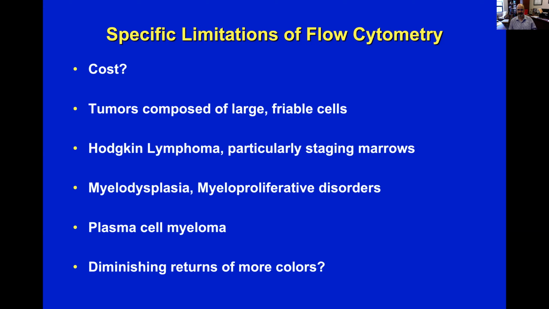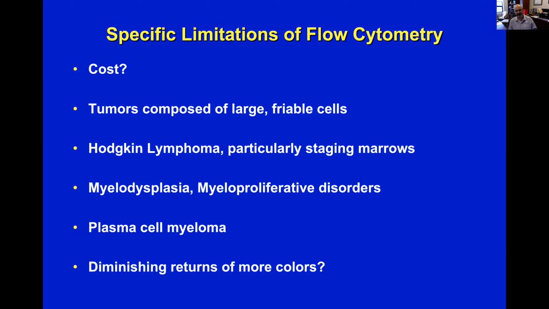These neoplasia may be missed by flow cytometry. Plasma cell myeloma, the main thing to remember there is it is good for the flow lab to know of your suspicion of plasma cell myeloma or a plasmacytic disorder in general, because then you can get a specific panel that includes intracellular light chain studies.